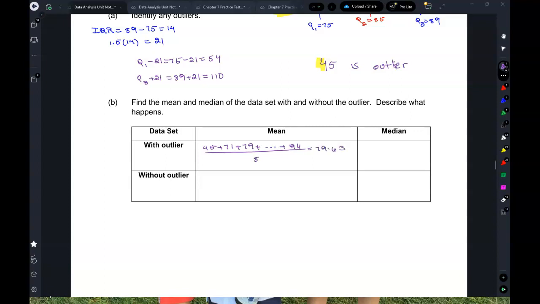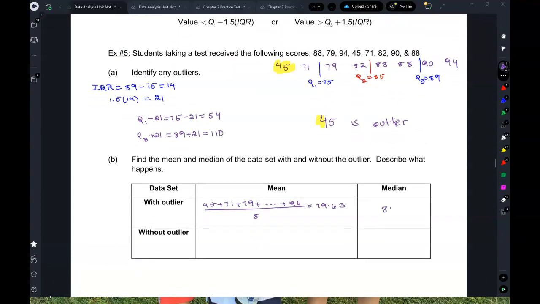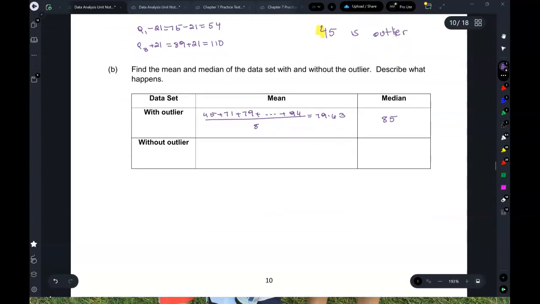That's 79.63. Just take the average. What's the median with the outlier? 85. Now I'm going to look at them without the outlier. Without the outlier, my scores are 71, 79, right? I took it out.